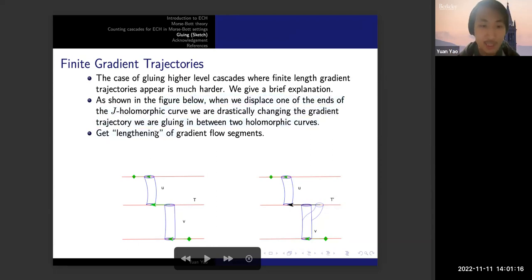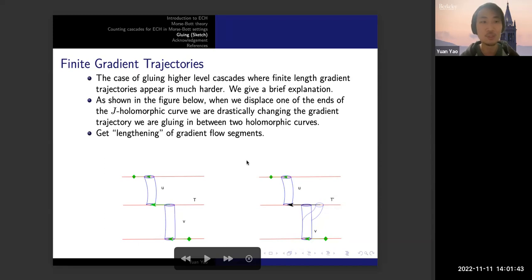So you still split it into 3 equations and try to solve them systematically, but you have to work much harder to see what the middle equation is. The middle equation can always be solved, but you have to work much harder to understand how it's coupled to the rest of the equations over U and V. Let me not get into the technical details, but you have to do another pre-gluing.